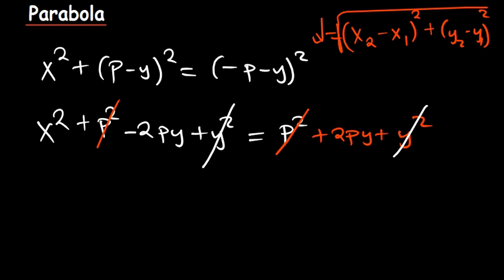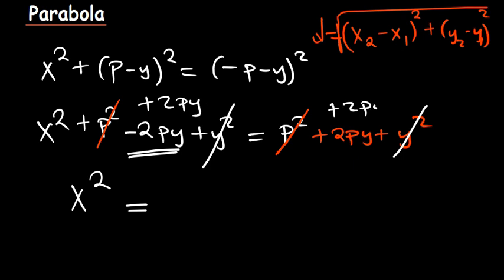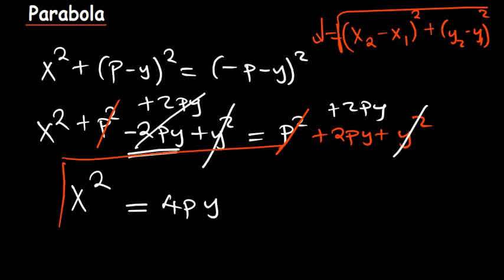So far we have x squared remaining on the left, and then this part as well, which we can add to both sides, plus 2py. On the left it will disappear, and then we're going to just have 4py on the right. Okay, I hope this equation now looks familiar.